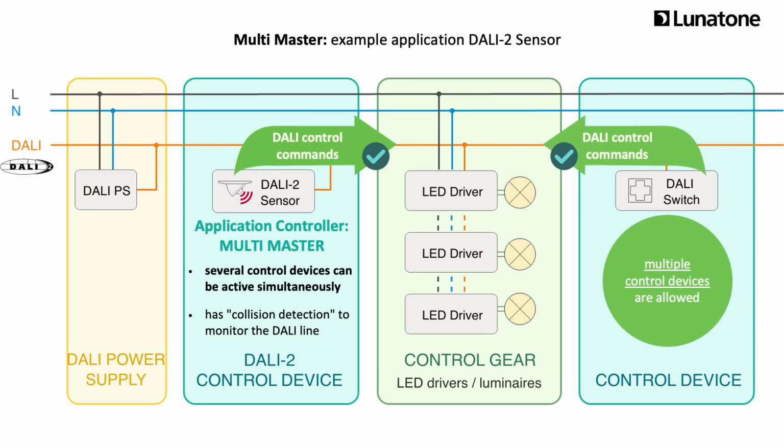This control system already existed before DALI-2. Typical examples of multi-master application controllers are most of the configurable control devices, push-button couplers, and sensors from manufacturers like Lunatone, Tridonic, or Halvar, as well as gateways from providers such as Vago or Beckhoff.